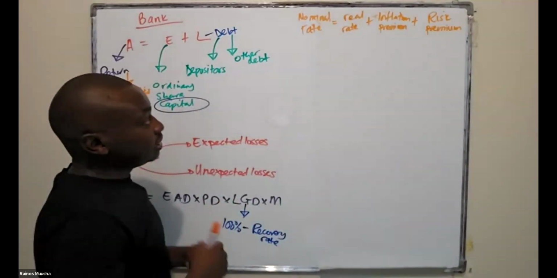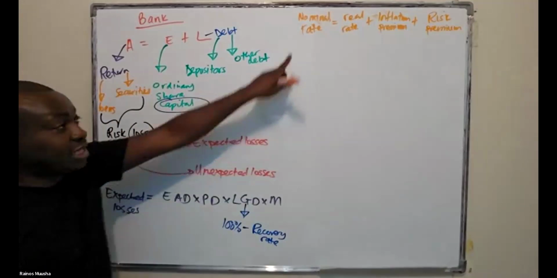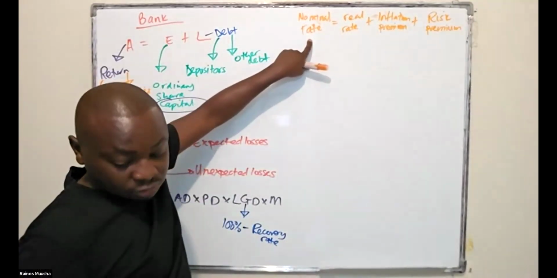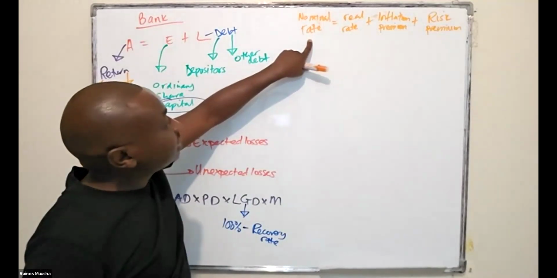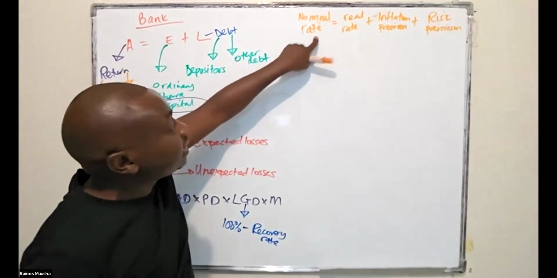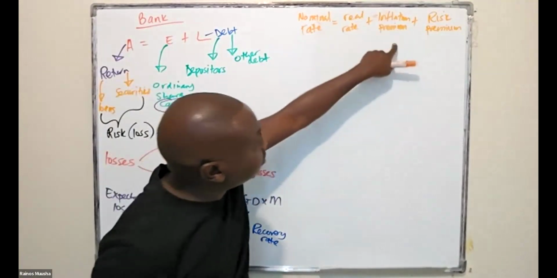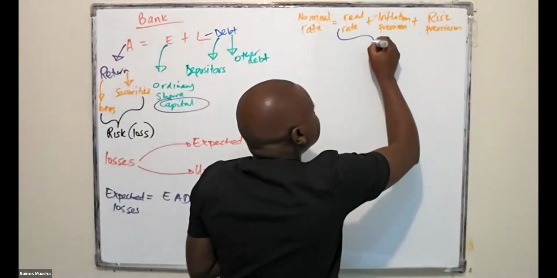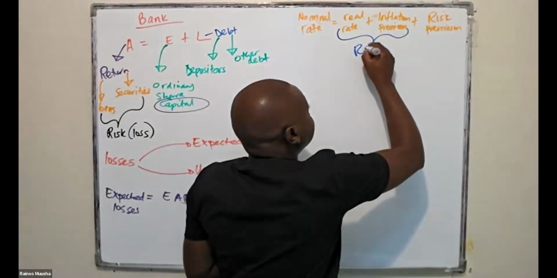So your nominal rate, which is the interest that's going to be charged to a customer, is given as your real rate plus inflation premium plus risk premium. And remember, we said this is your risk-free rate.